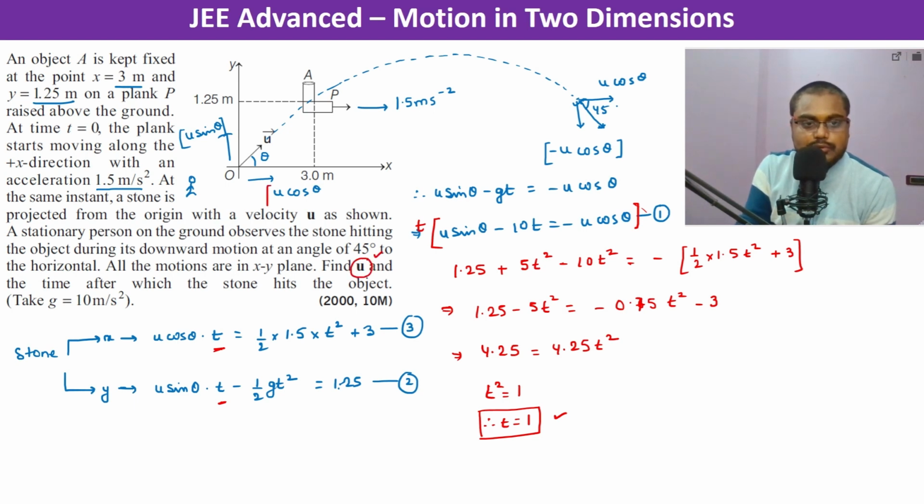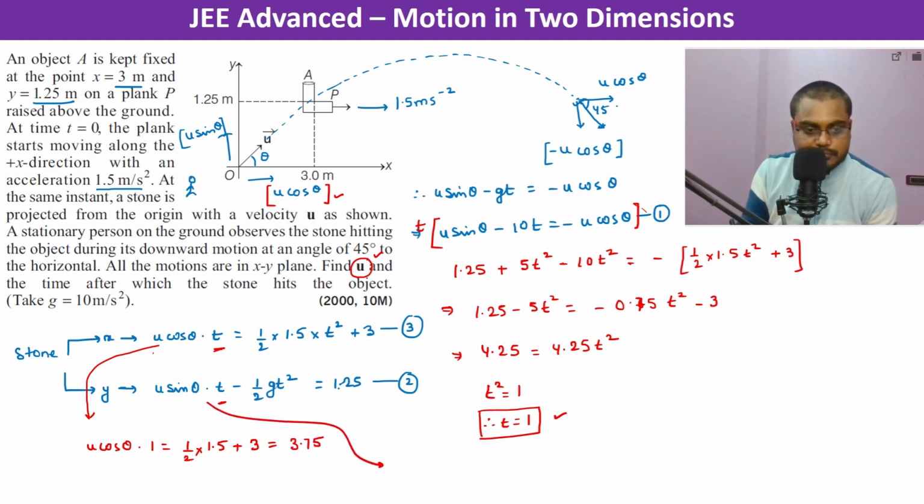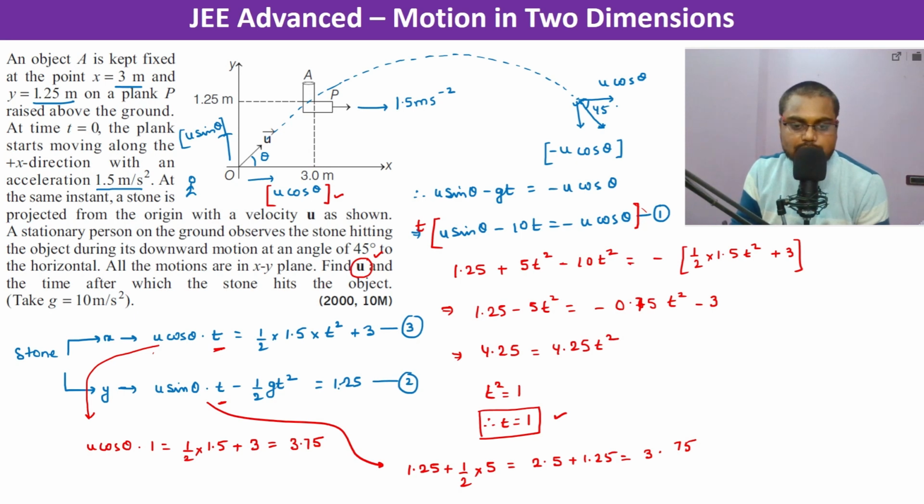The initial velocity in x direction is u cos theta, so u cos theta into t, that is 1, should be equal to half into 1.5 plus 3, which is 3.75. u sin theta we can find from here: it is going to be 1.25 plus half into g t square, so g is 10, so this is 5.